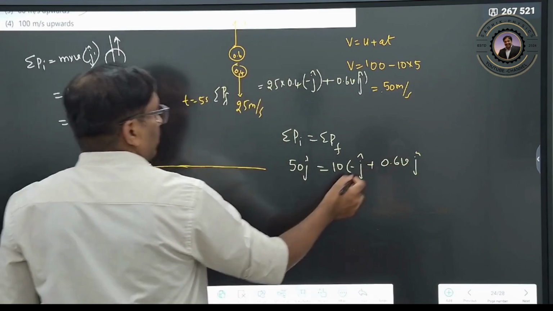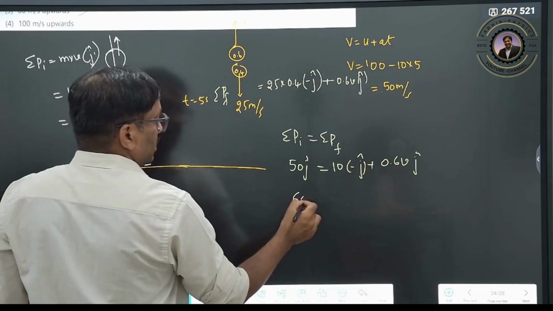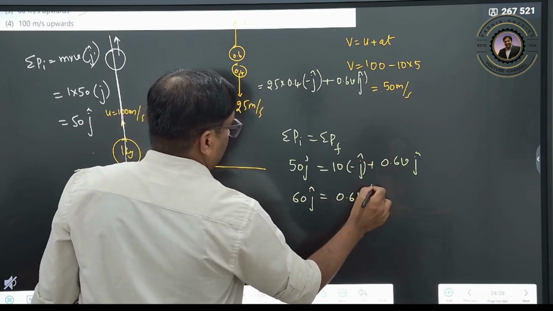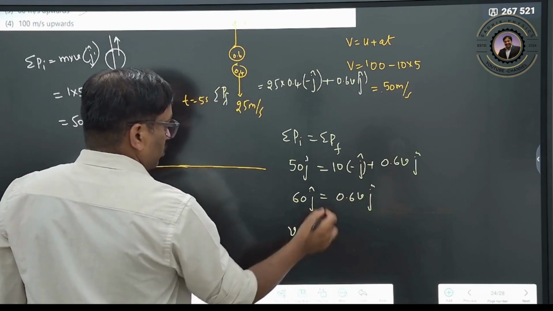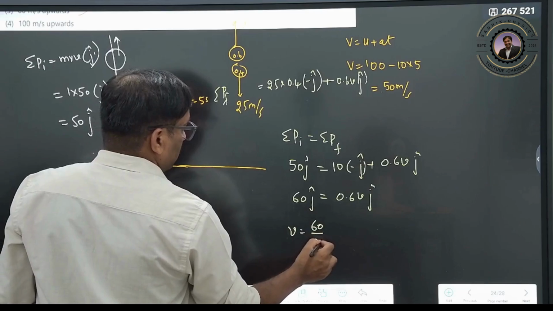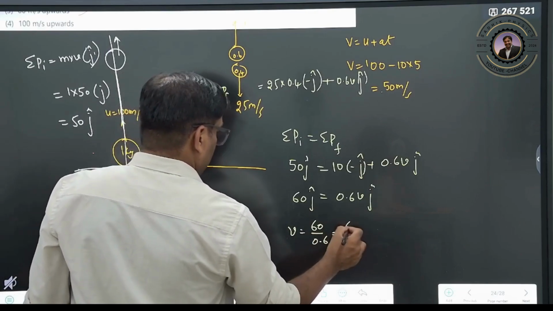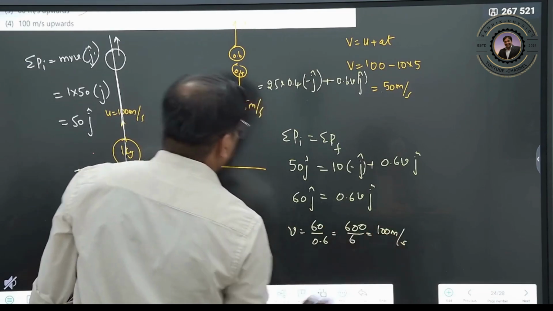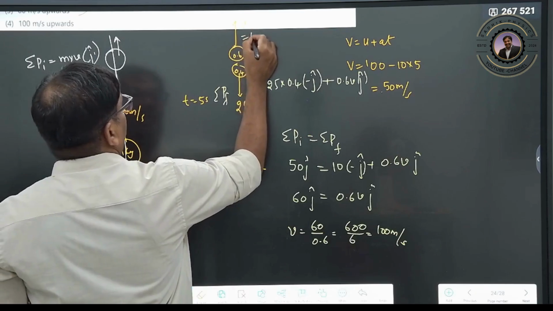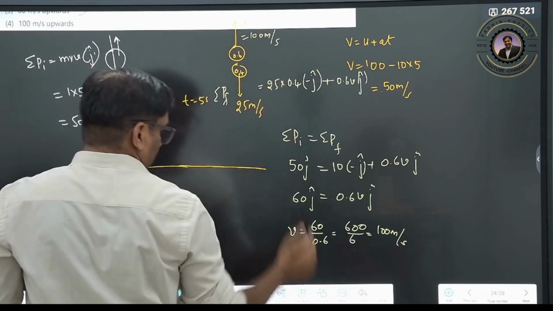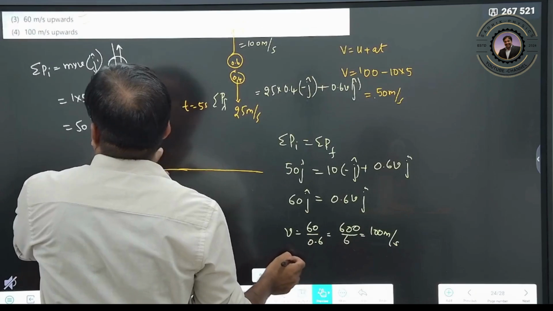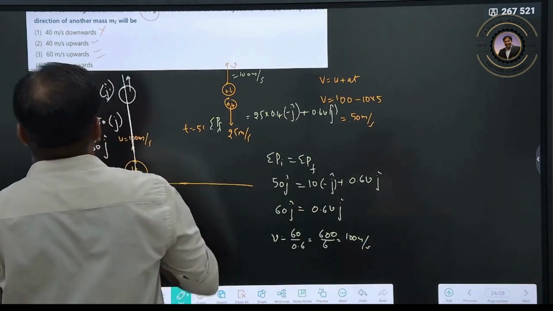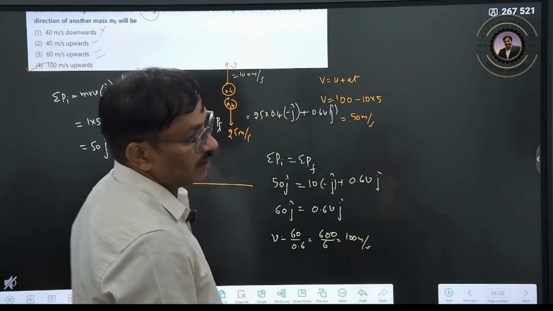This 10 is taken to the other side, so 60 j cap equals 0.6 v j cap. Therefore v equals 60 by 0.6, which is 600 by 6, 100 meters per second. That means this will go up with 100 meters per second. Goes upward. Right? The fourth option will be your correct answer.